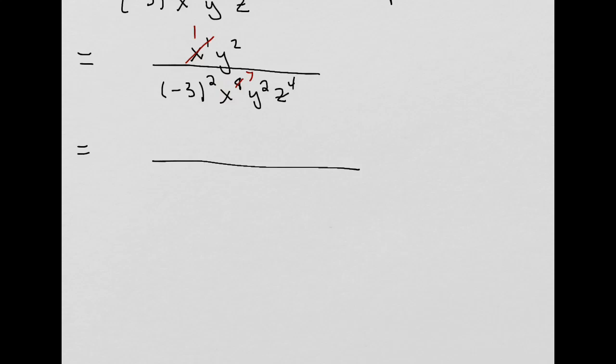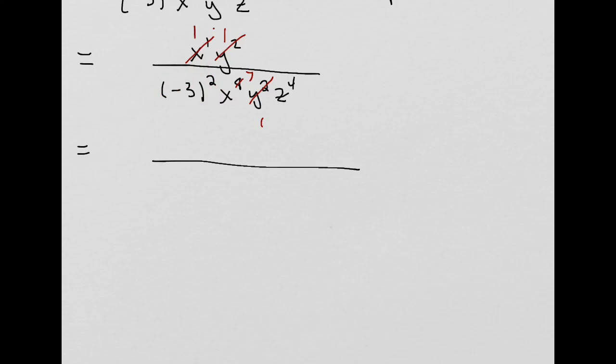If I look at my y's, I've got y squared on the top and y squared on the bottom. That means all my y's are going to cancel out. So all my y's on the top are going to cancel with all my y's on the bottom, and all that's going to be left is a 1 in each place. Okay, the only other thing that I can do is, you'll notice I have this negative 3 squared.